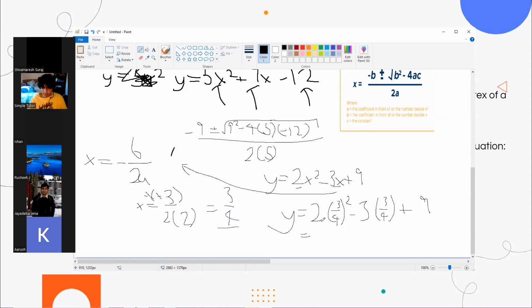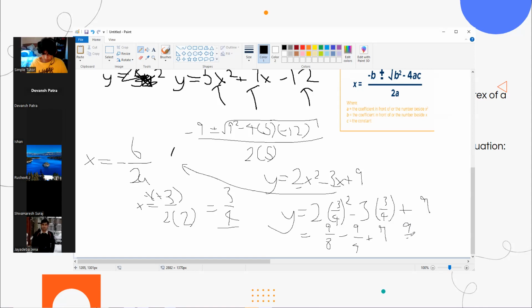This is going to equal 9/8 minus 9/4 plus 9, which simplifies to negative 9/8 plus 72/8.